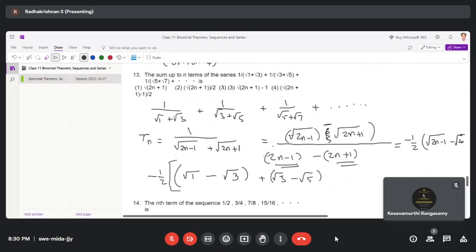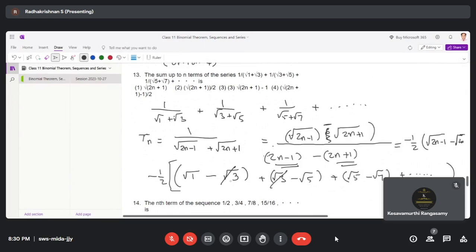Same logic, right? 2n minus 1, we put n equal to 2. And it goes on, up to infinity. When it goes up to infinity, this minus root 3 and plus root 3 will get cancelled.